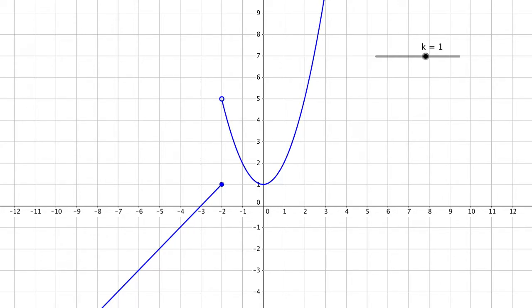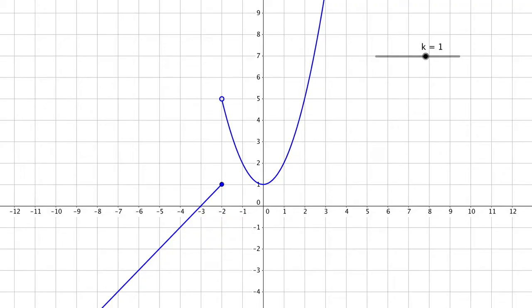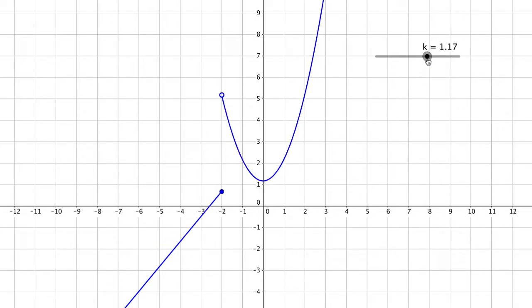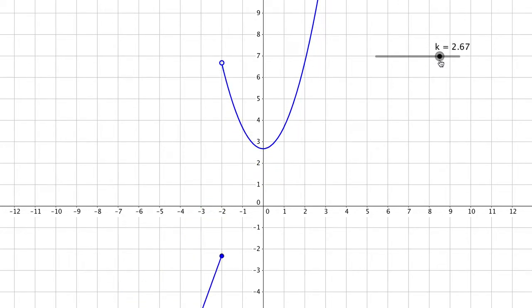If you recall, let me flip back over to this. The k on the line just changes the slope. The y-intercept will remain the same. And for the parabola, the k is going to just translate it up and down, change that y-intercept. So as I make k bigger, you can see they're moving farther apart from approaching the same thing.